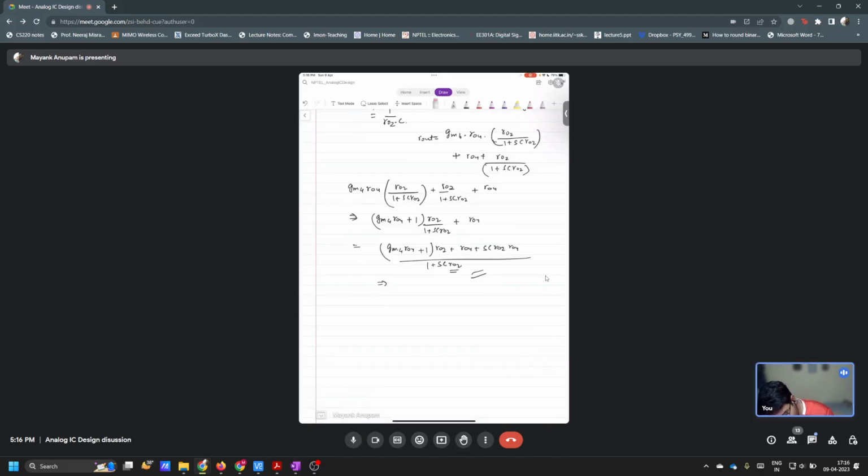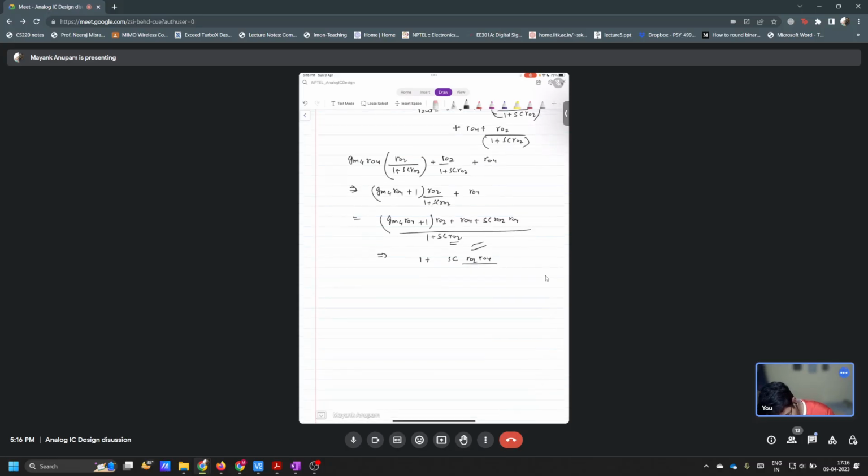So it is actually equal to what? So 0 is equal to C. Here the numerator is 1 plus SC RO2 RO4 divided by GM4 RO4 plus 1 into RO2 plus RO4.